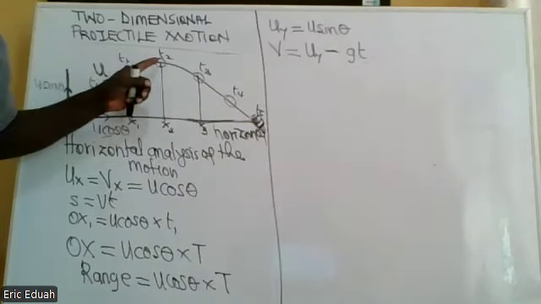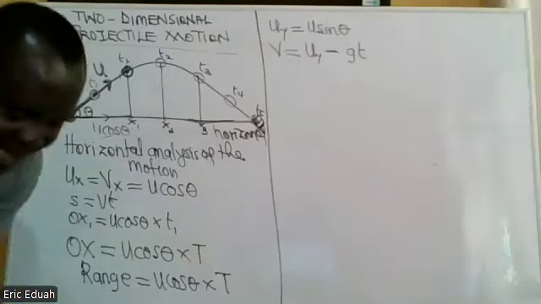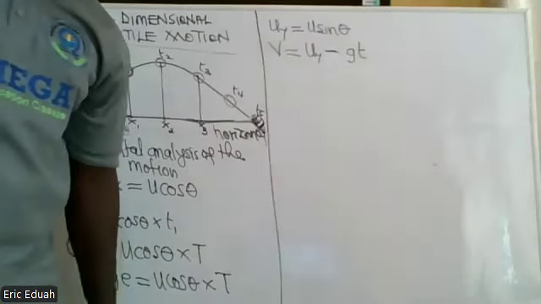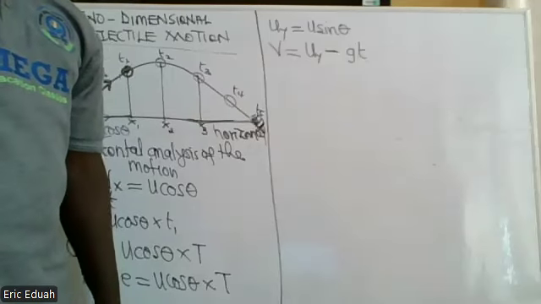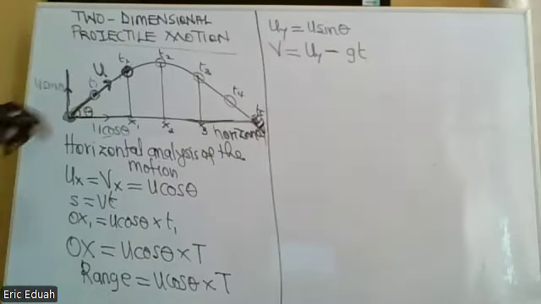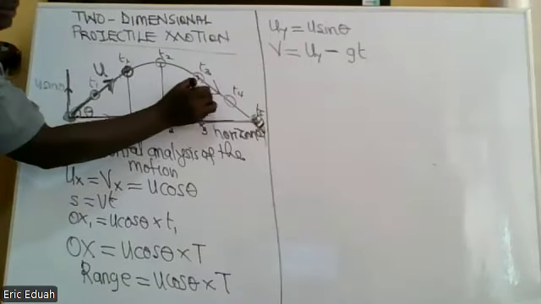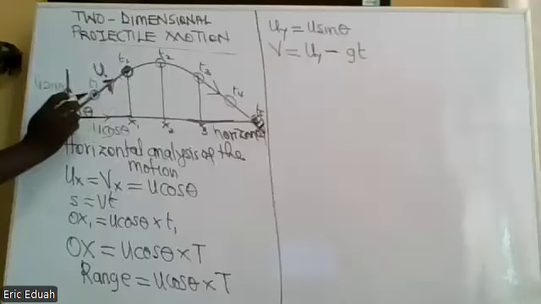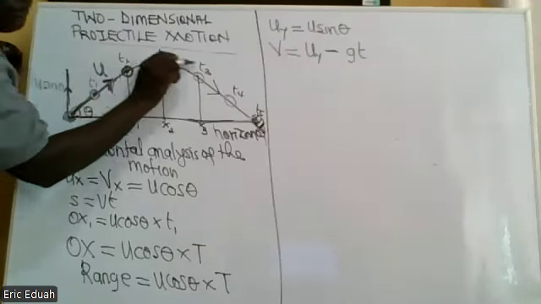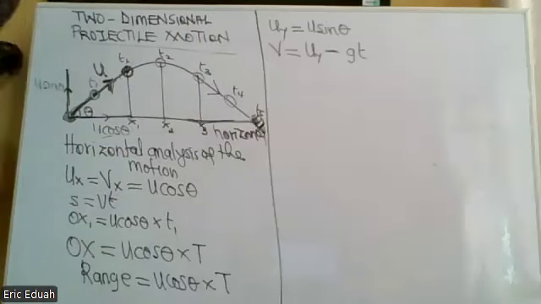Then when it gets to the maximum height and it is falling, we see a plus. So when it is going up, look at the direction. It is going up, it will be negative. When it is falling, its speed would increase, so it changes to plus.